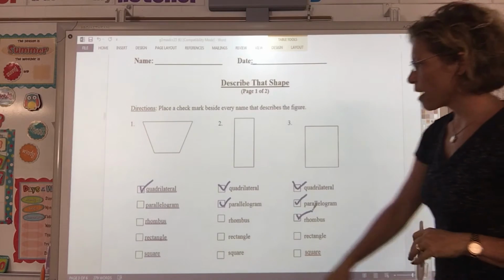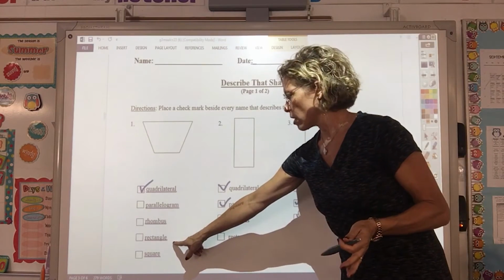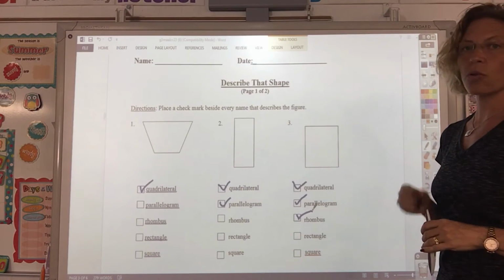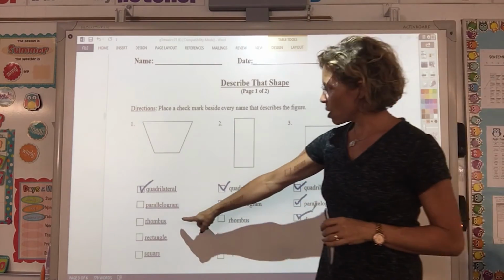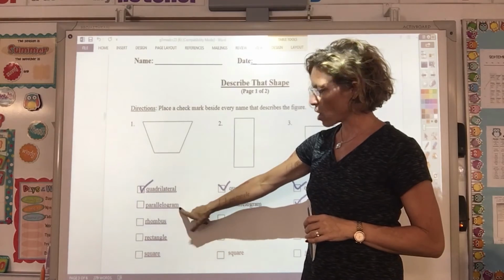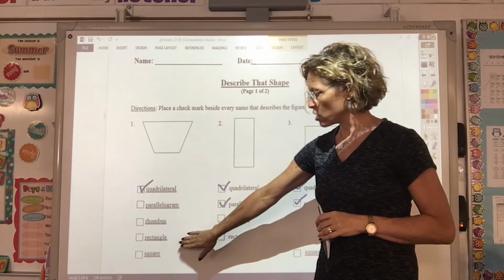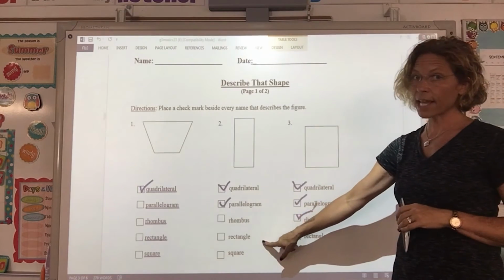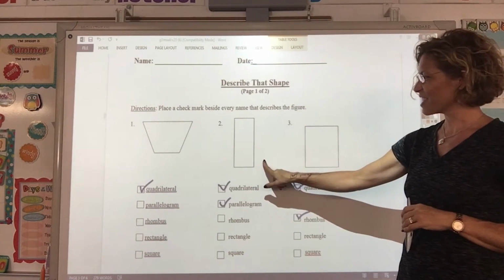So next we have, is it a rectangle? Well, we know a rectangle is a parallelogram with four right angles. So we know that the trapezoid is not a parallelogram, so it is not a rectangle. So we'll move on to the rectangle. A rectangle obviously is a rectangle.